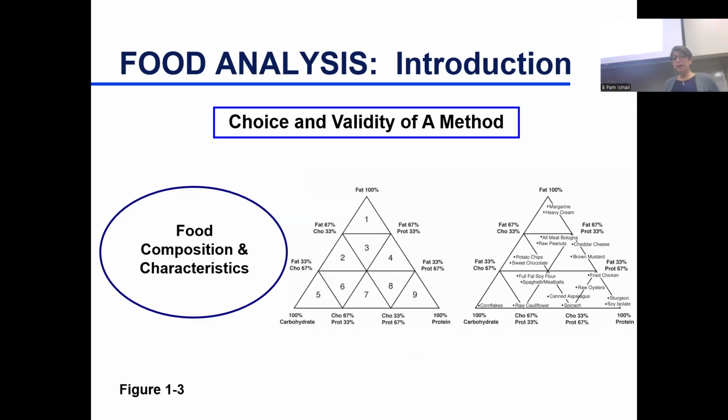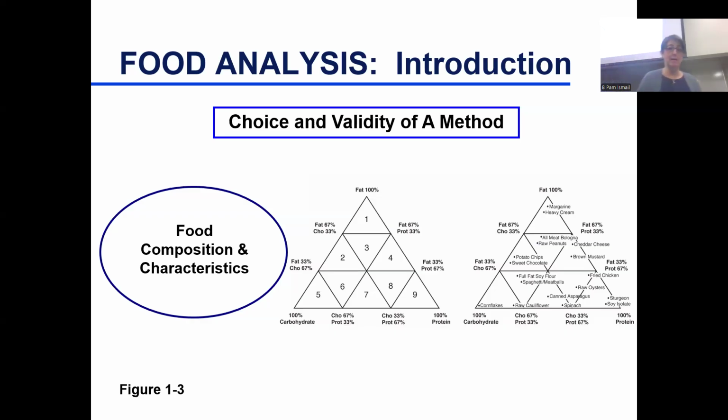So the choice of method is also based on the type of food or ingredient we are testing. So the composition mainly, we look at the macromolecule compositions. So moisture content, fat content, protein content, carbohydrate content. Depending on the composition of the sample, you might need one method over another.